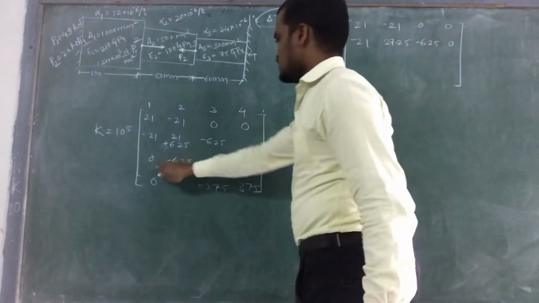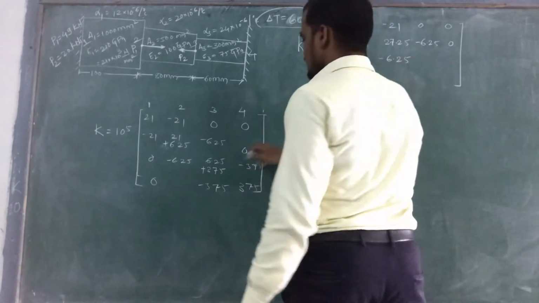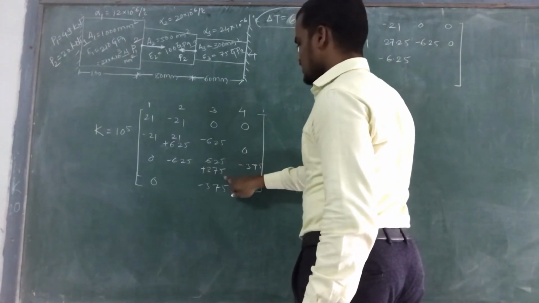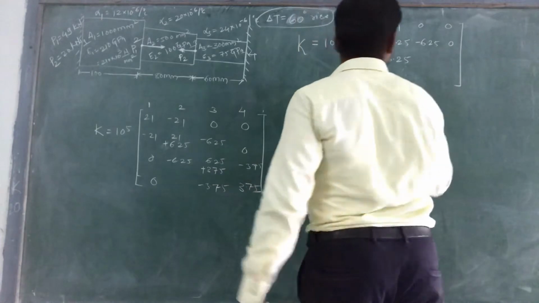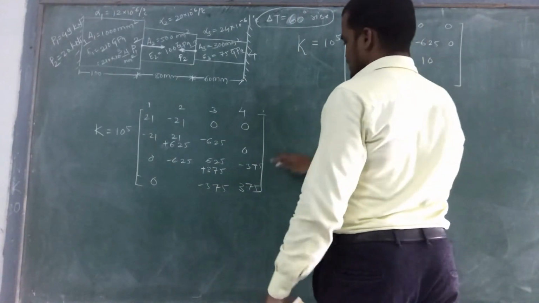Okay. Then 0 minus 6.25, 6.25 plus 3.75, that is 10, and minus 3.75.